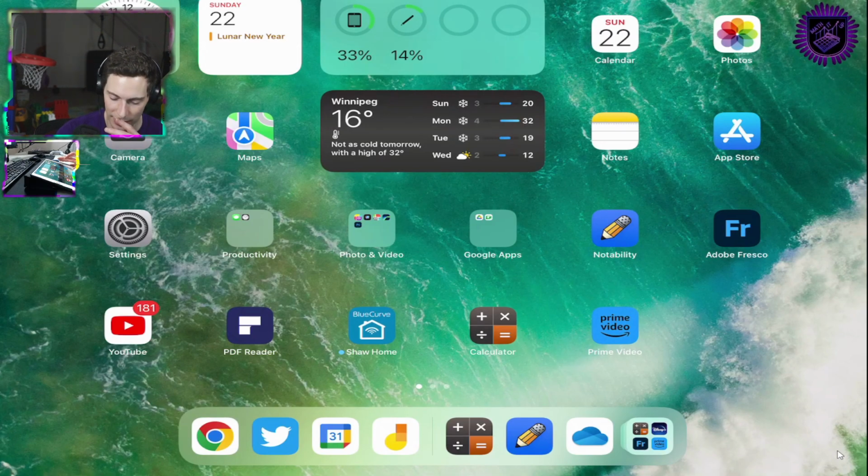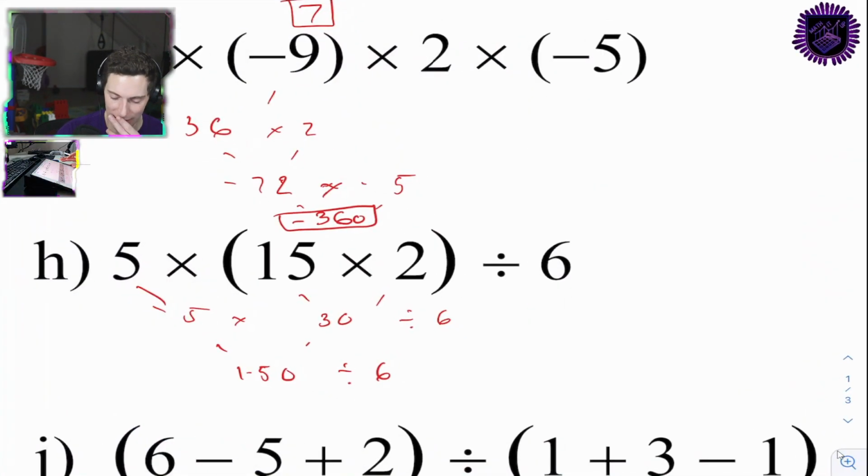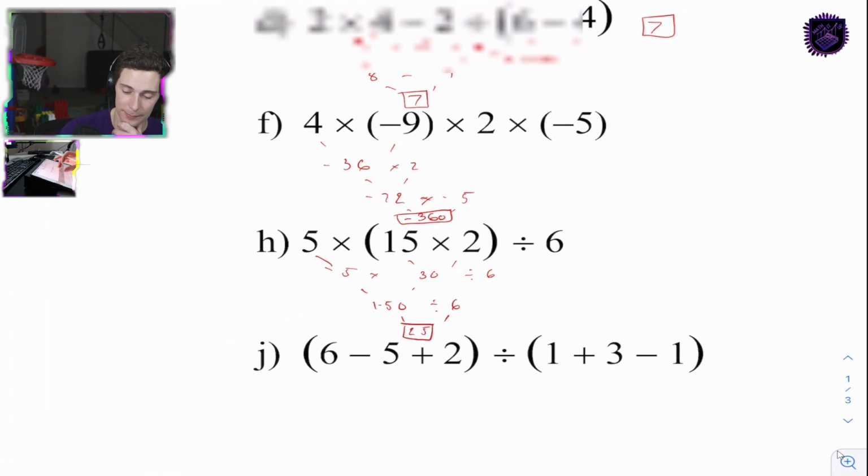Yeah, okay, that makes so much sense now, but why didn't I see that before? 25. I'm embarrassed. 6 goes in 120. Yeah, okay. 25.